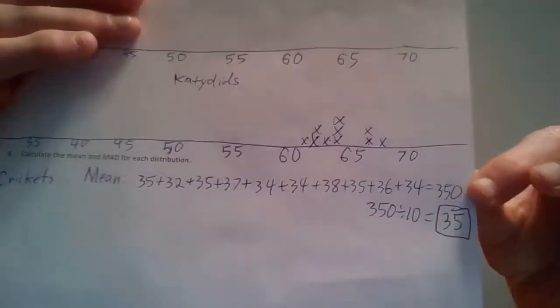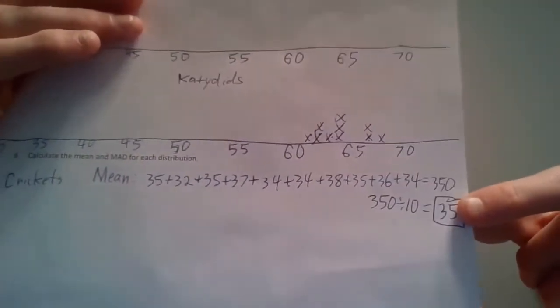So 350 divided by 10, you can use a calculator, or you can remember that if you divide by 10 and there's a 0 at the end of the number, just take that 0 off. You can do that because 350 has a 0 at the end of it. So if I divide it by 10, I'll just take that 0 off the 350, and my mean will be 35 on the crickets. So the cricket mean is 35.